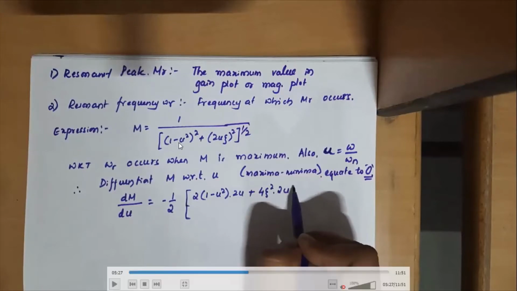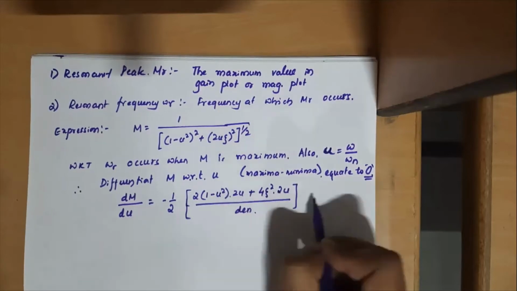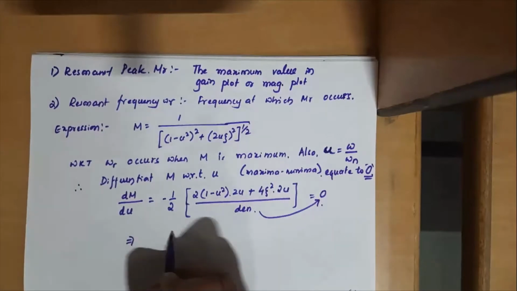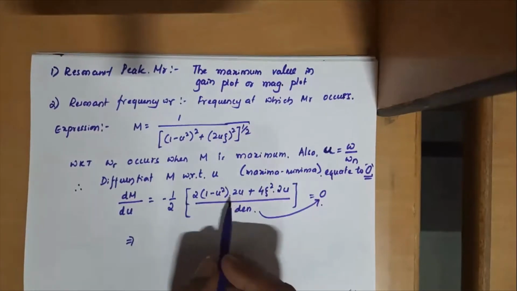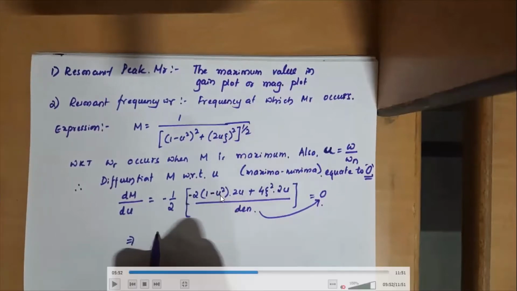So this differentiation with respect to u becomes 2 into 1 minus u square into minus 2u plus 4 zeta square into 2u equal to 0. So denominator, whatever it is, goes to 0. I forgot to write a negative sign here, sorry for that. So minus u square gives minus 2u. That negative sign I have put here. Fine.